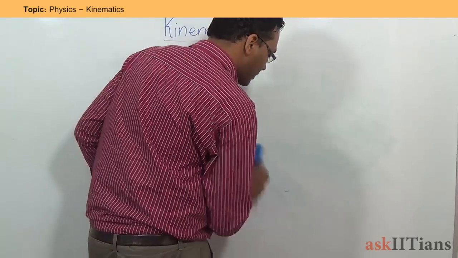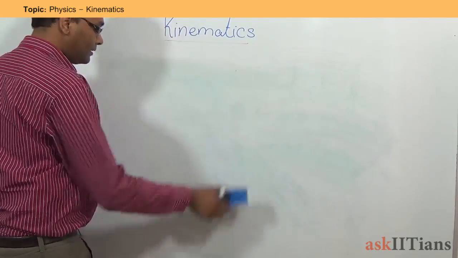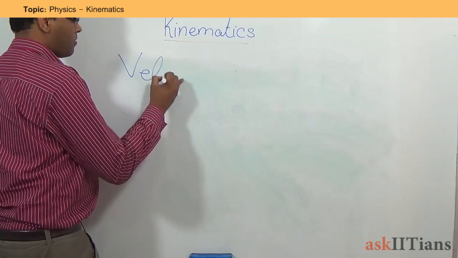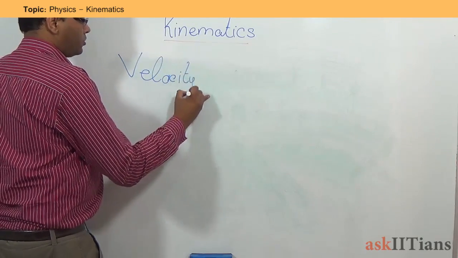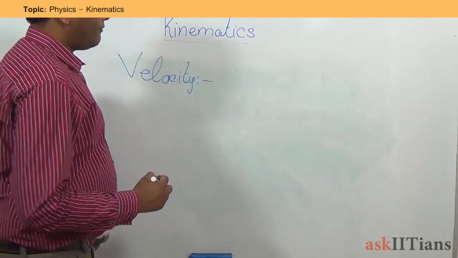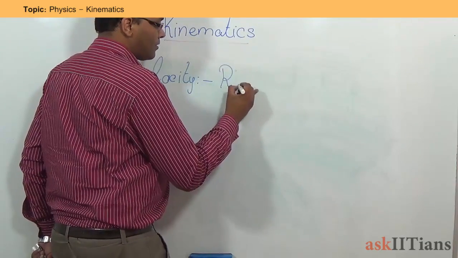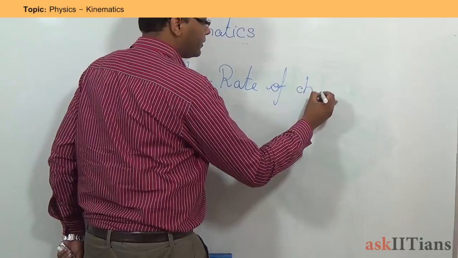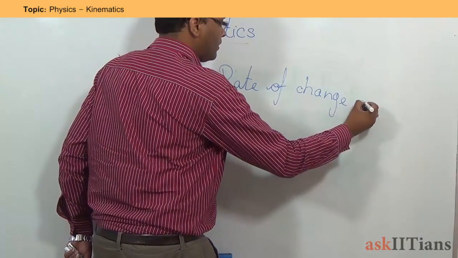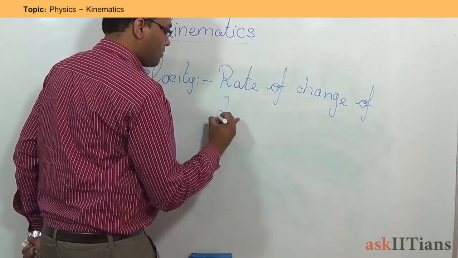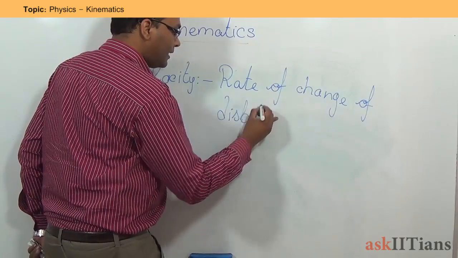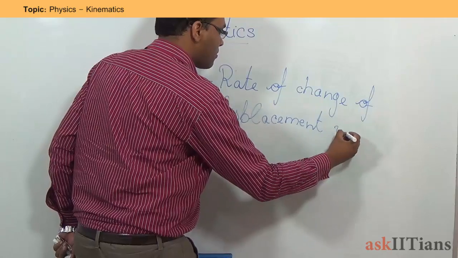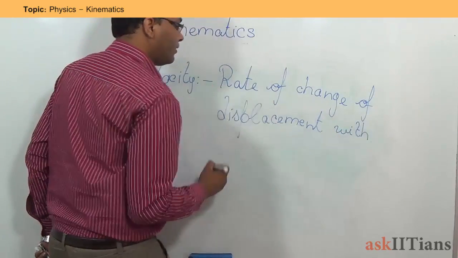So what exactly does velocity stand for? Let me explain that. Velocity is defined as the rate of change of displacement with time.